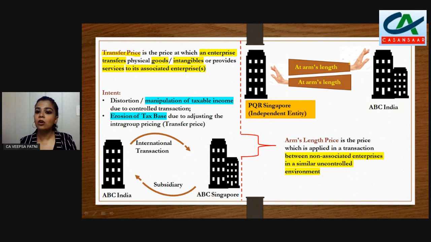Therefore, the prices are not manipulated, the prices are at fair distance, fairly evaluated and priced according to whatever the market scenario is. So, this transfer price is vis-a-vis similar to the arm's length principle. That is exactly what transfer pricing analysis is all about.